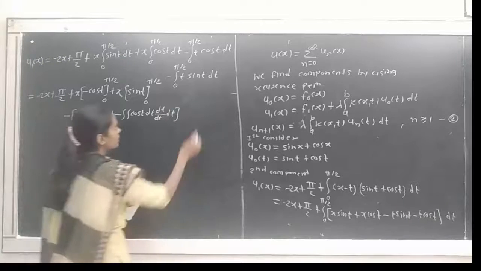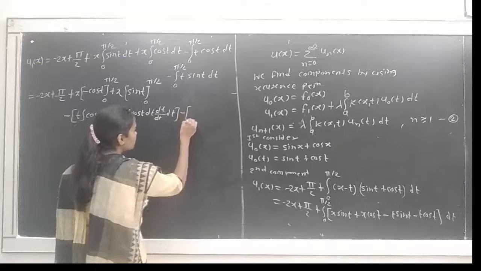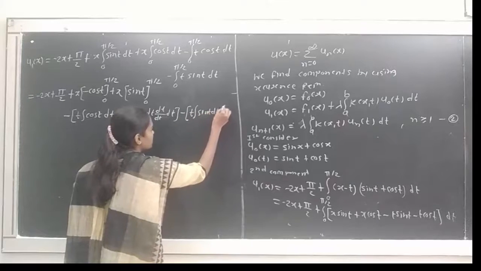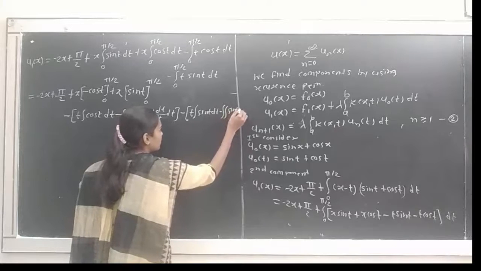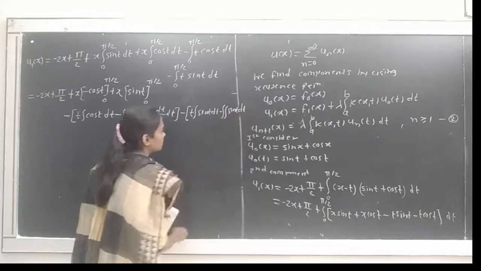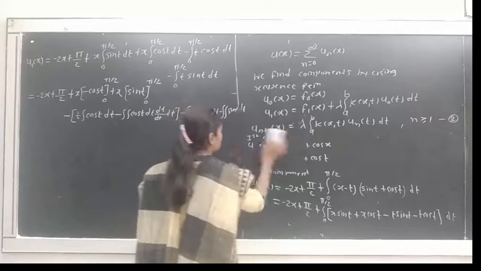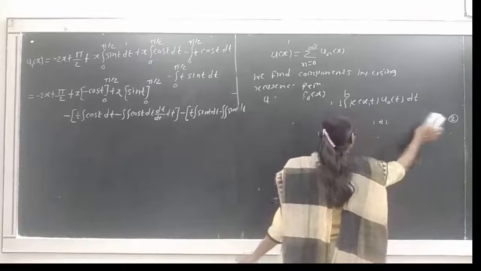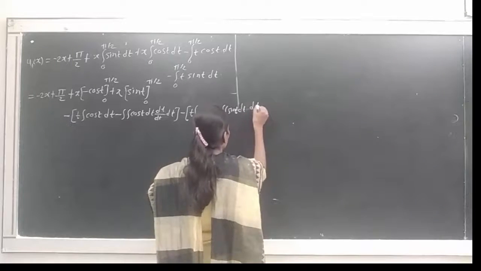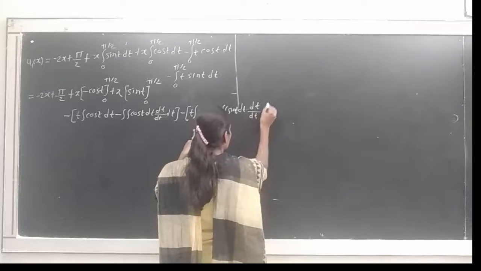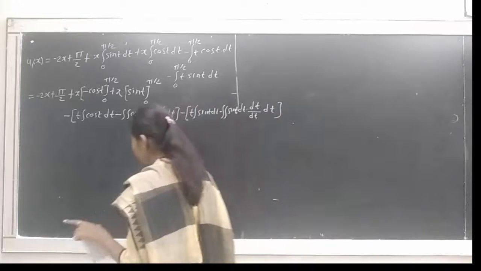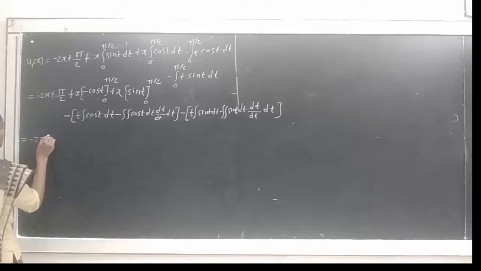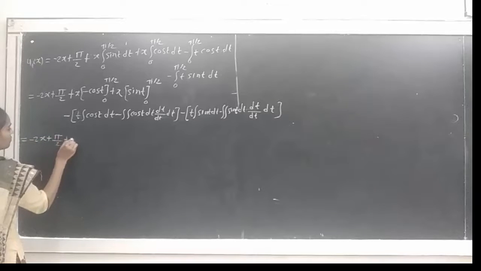Then again the integration of this term by parts, that is t times integration of sin t dt minus integration of sin t times the derivative of t with respect to t, that is dt by dt, into dt, bracket complete. Then we can take this integration, so it is equal to minus 2x plus pi by 2 plus x.